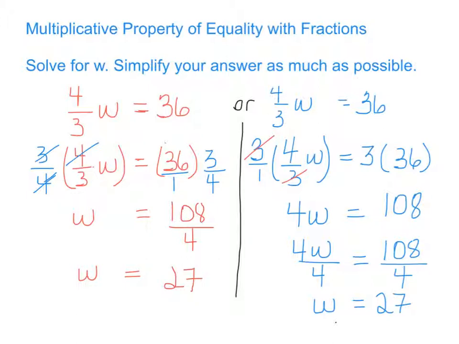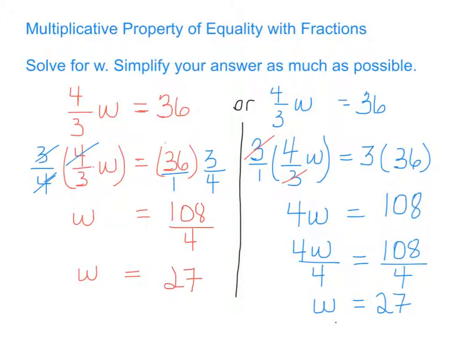The other option is to try to remove the denominator so you don't have to deal with the fraction. So if we start the problem from the beginning again, instead of multiplying by the reciprocal, we're just going to multiply by that denominator, which is 3. So multiply both sides of the equation by 3.